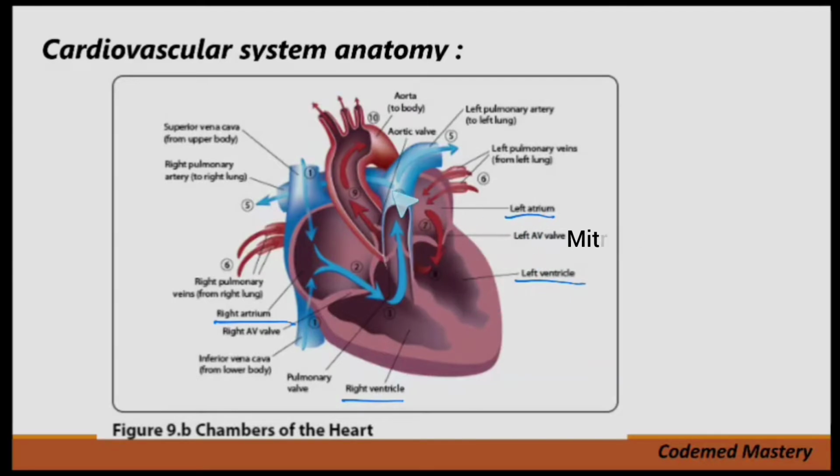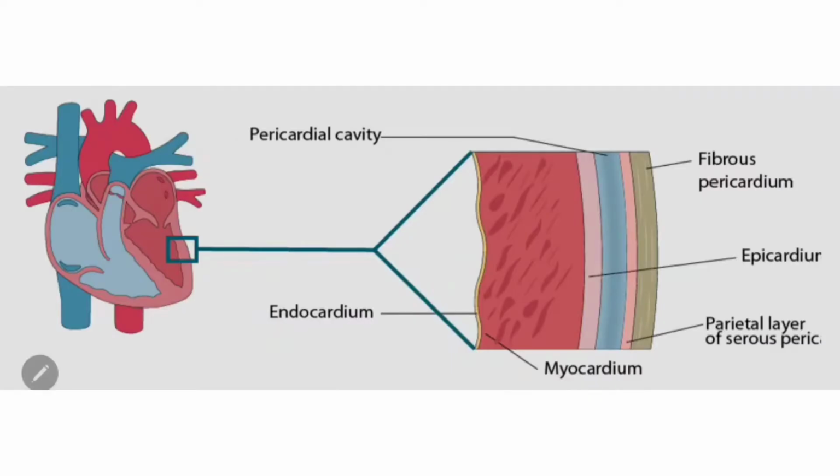And next is the aortic valve. So the deoxygenated blood flows from right atrium to right ventricle to pulmonary artery. Then oxygen-rich blood moves from left atrium to left ventricle and then to aorta, where it is transported to the body tissues.